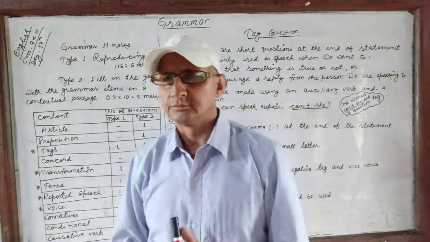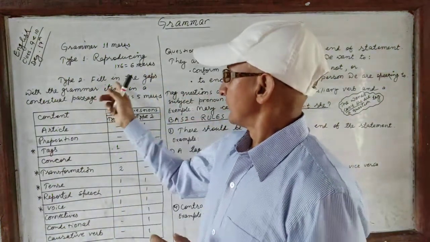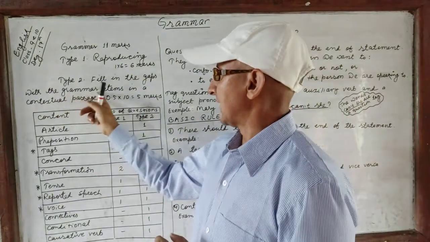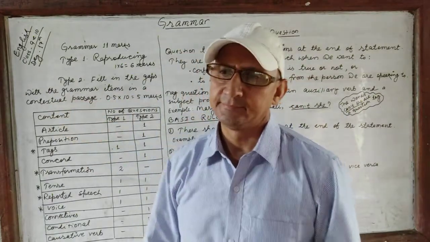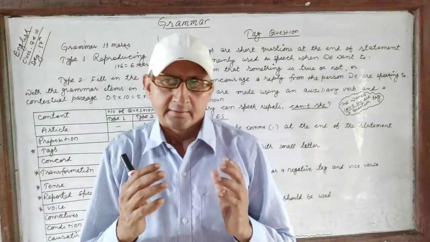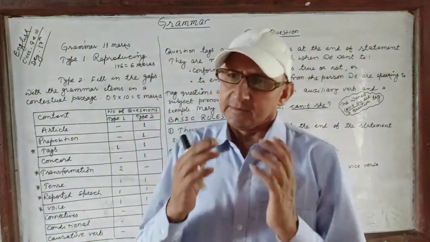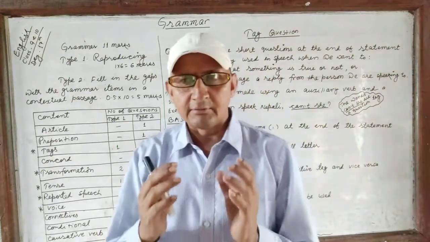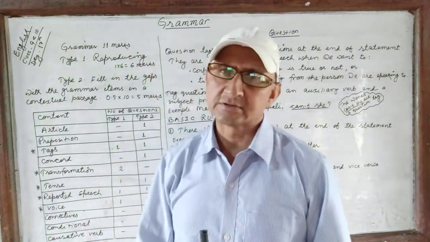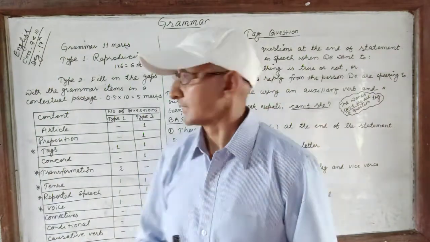In type 2, you fill in the gaps with the grammar items in a contextual passage. It covers 5 marks. Now let's talk about the content of the grammar.